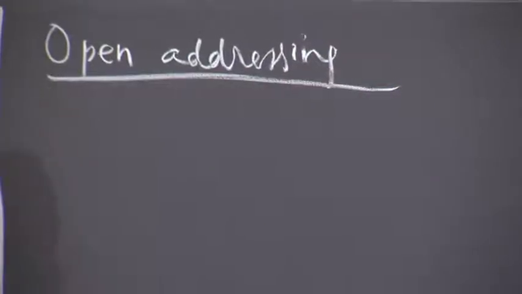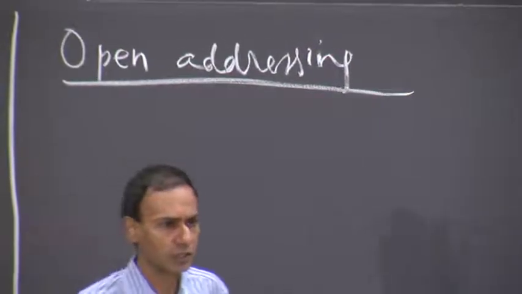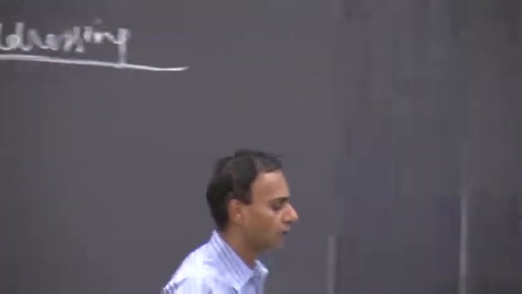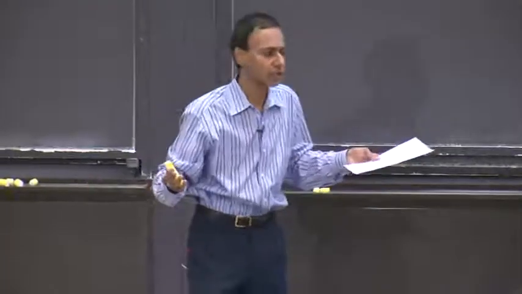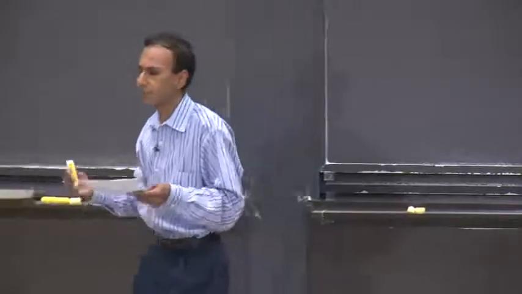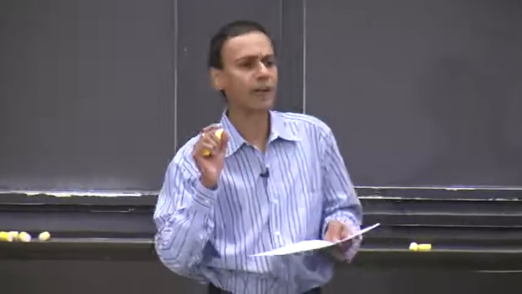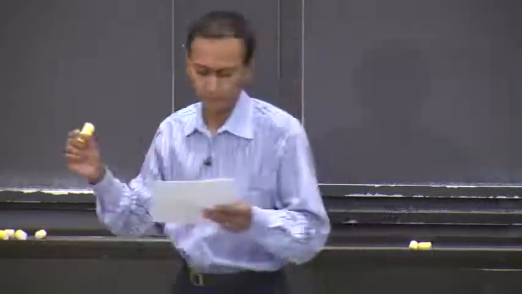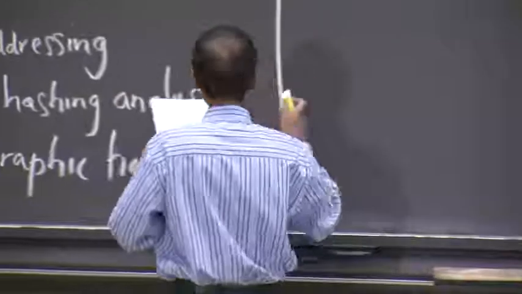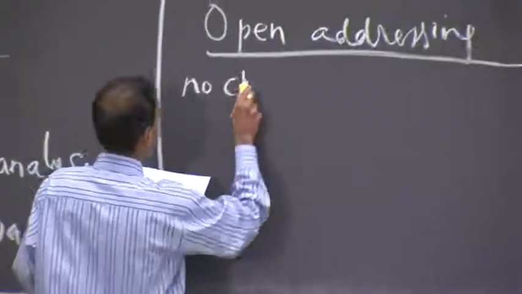This is another approach to dealing with collisions. If you didn't have collisions, obviously an array would work, right? If you could somehow guarantee that there were no collisions. When you have collisions, you have to worry about the chaining and ensuring that you can still find the keys even though you had two keys that collided into the same slot. And we don't want to use chaining.